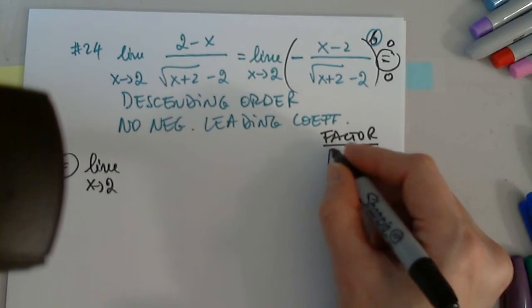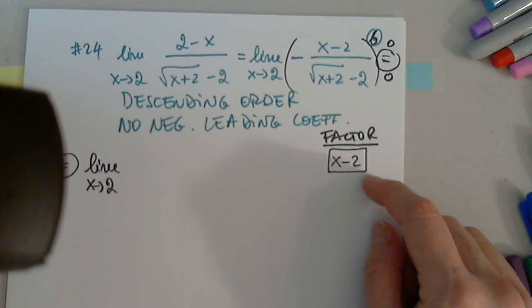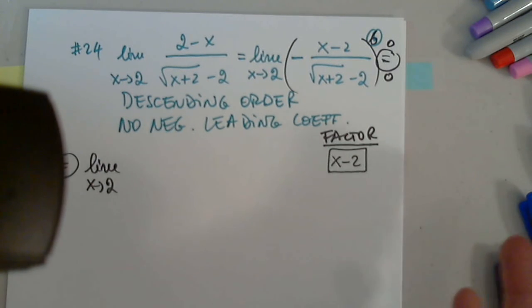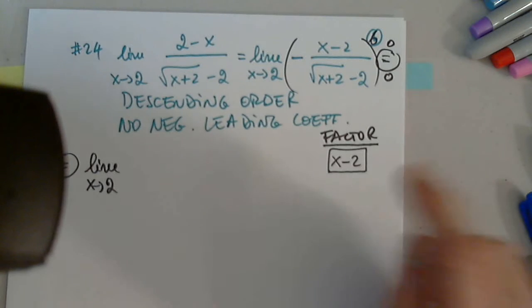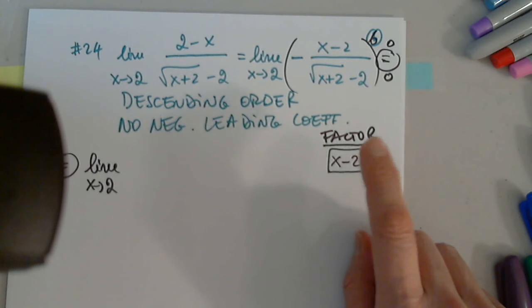X minus 2. So see, with this limit and understanding what's happening here, we are a mile ahead already. We don't know what the answer is going to be. I have no idea. But I know for sure that if I don't get rid of this from the top and from the bottom, I have an error somewhere.